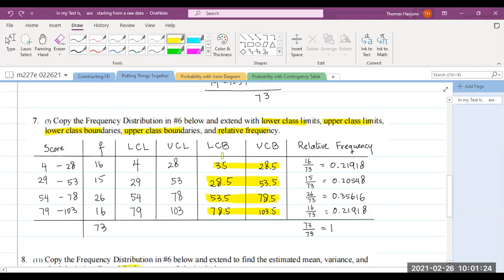However, for people who just barely start, they tell you something slightly different to make it easier: that the class width is only the difference between consecutive lower class limits. That's what they tell you, but that's actually not what it is originally.